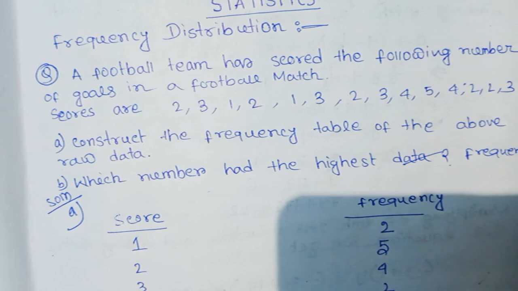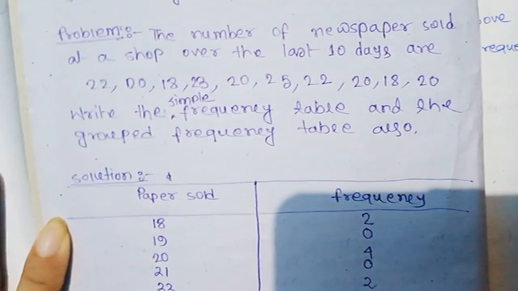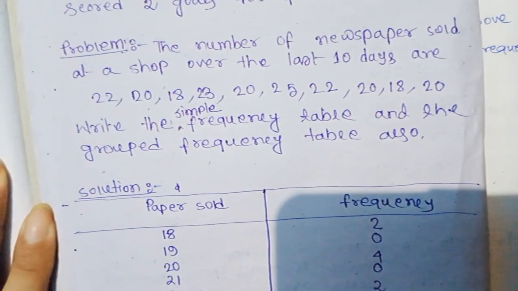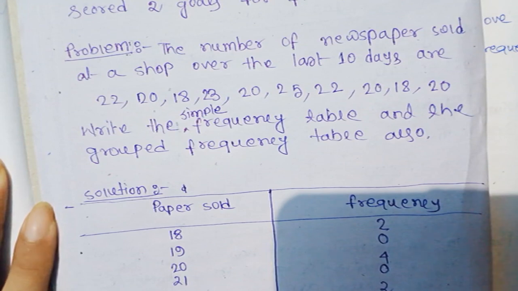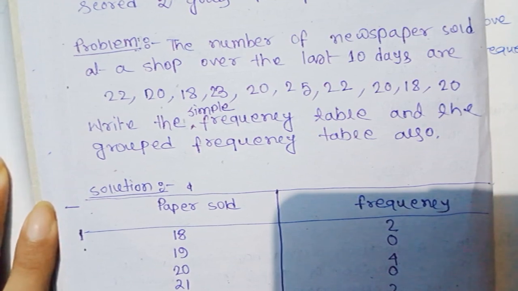And here we have another problem, that the number of newspapers sold at a shop over the last 10 days are this. Write the simple frequency table and the group frequency table also. Here it is mentioned which kind of table you have to construct.